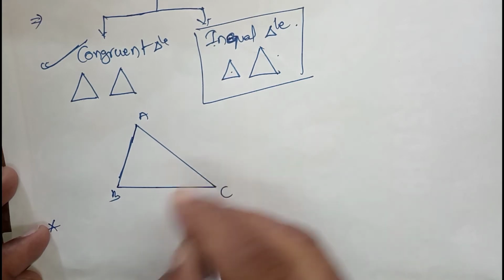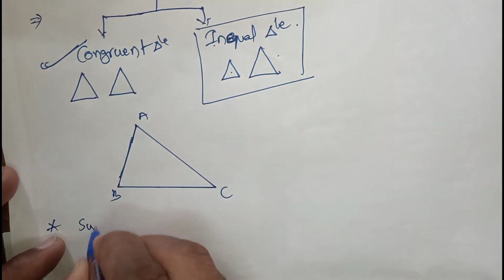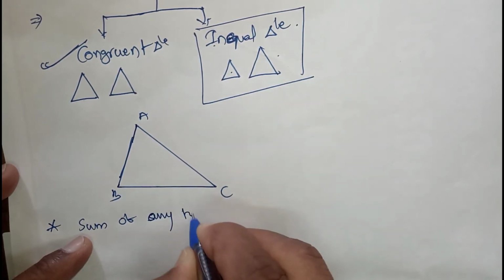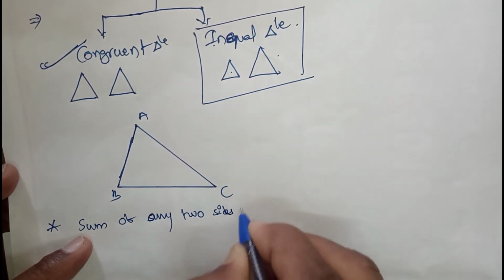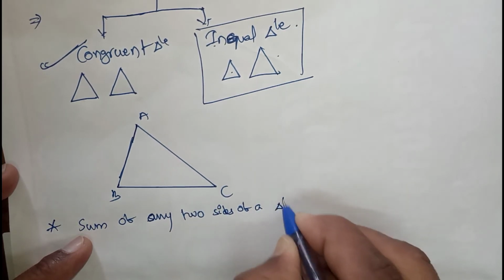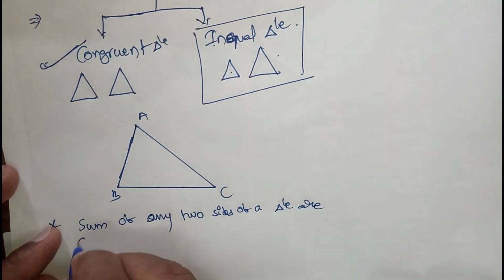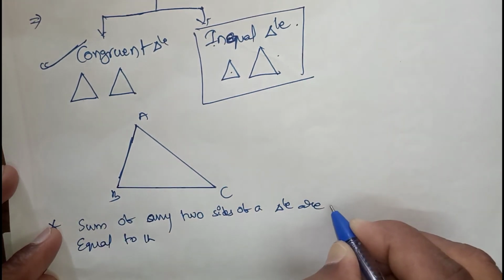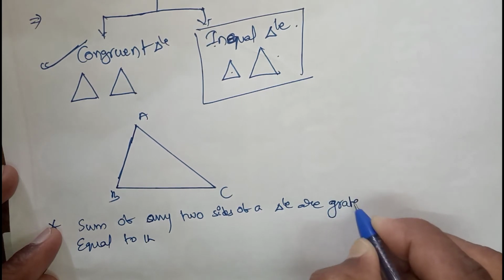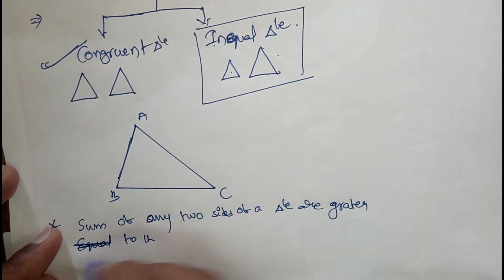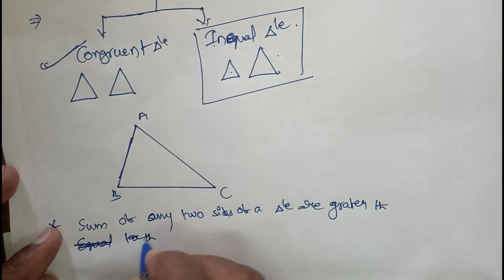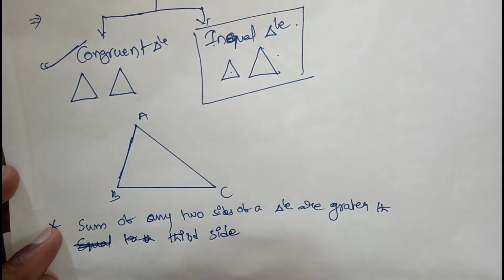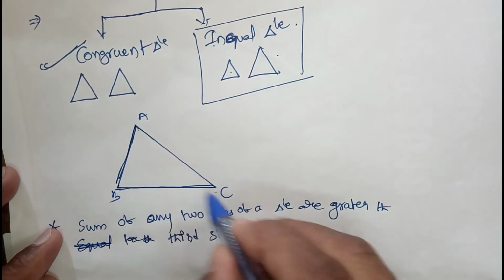The sum of any two sides of a triangle is greater than the third side. Then only the given dimensions form a triangle.